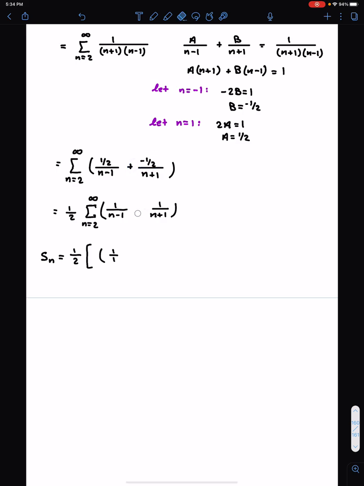So if I erase this positive, the sign between those two fractions is a minus, since all I did is factor out a 1/2 from both of those fractions. So when n is 2, 1 over 1 minus 1 over 3.